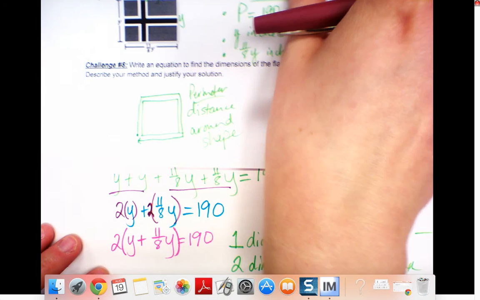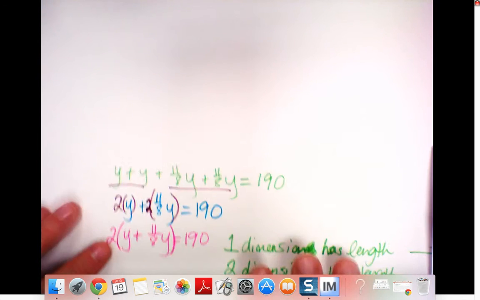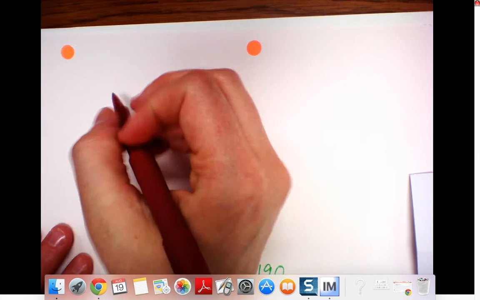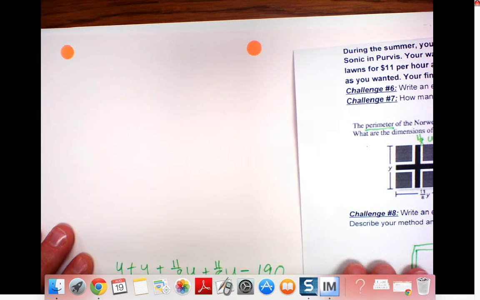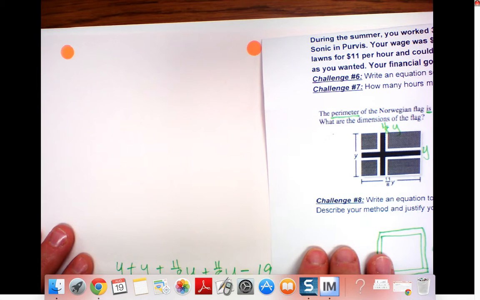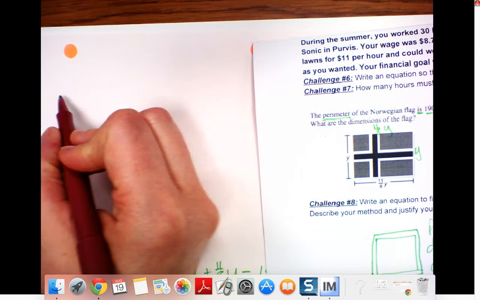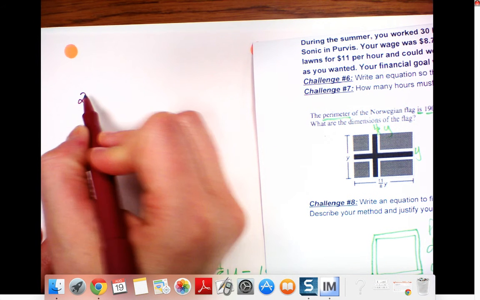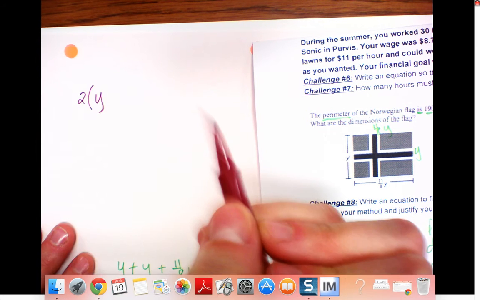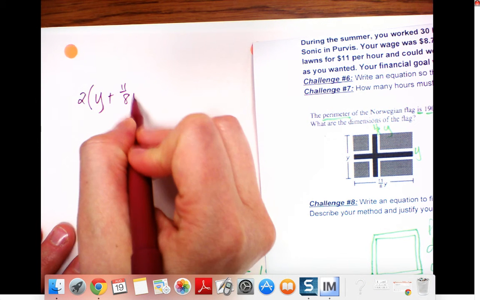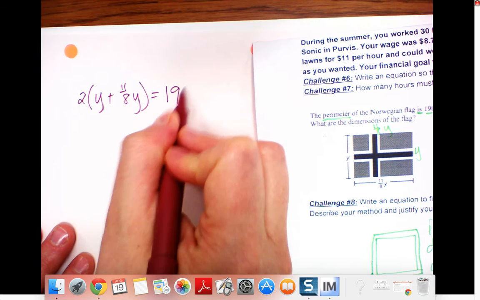And I'm going to have to move this out of the way. Alright, so we have 2 times y plus 11/8 y equals 190.